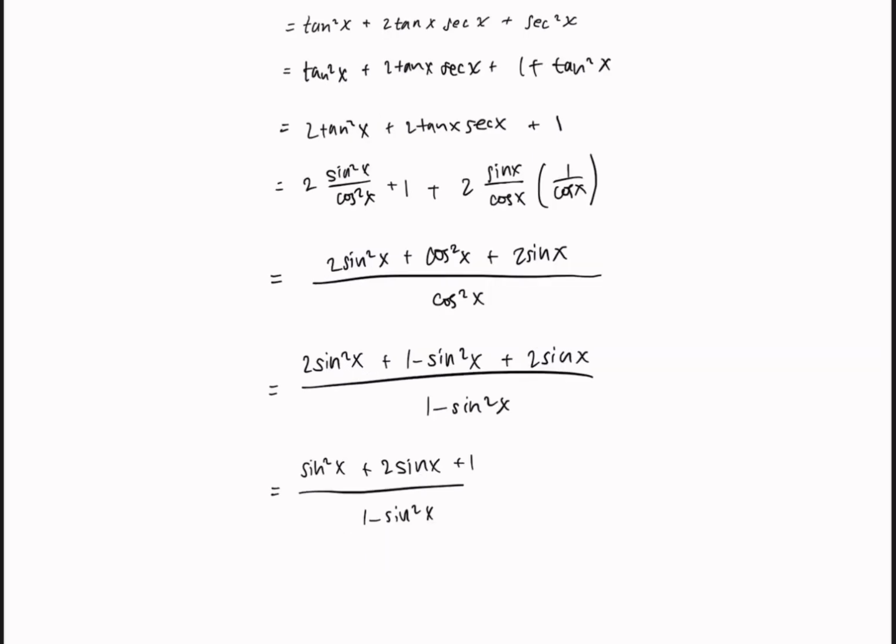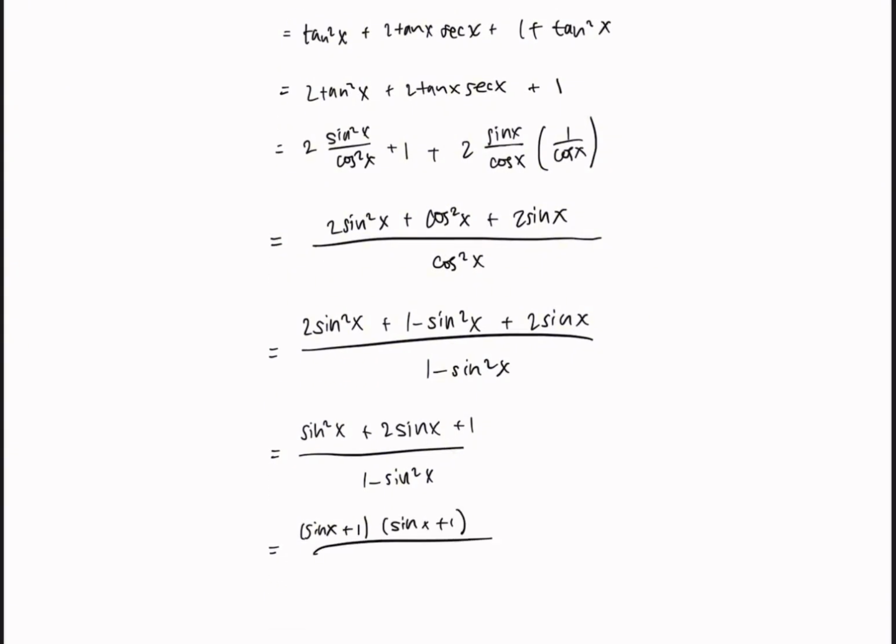Okay, so the terms above is actually just a quadratic, and then we can factorize both the numerator and the denominator actually. So the numerator will be sine x plus 1 multiplied by the same thing.